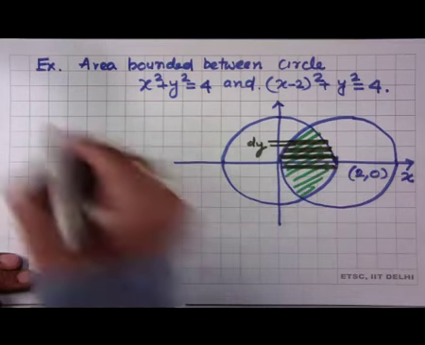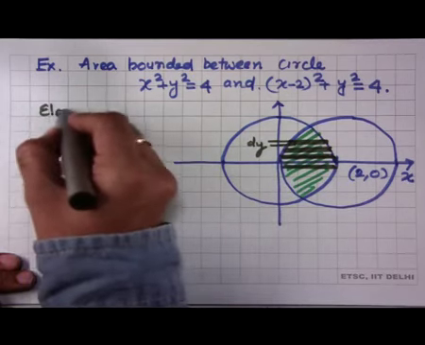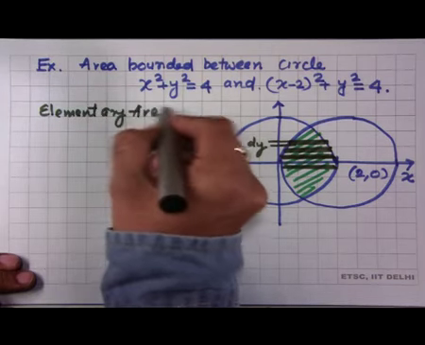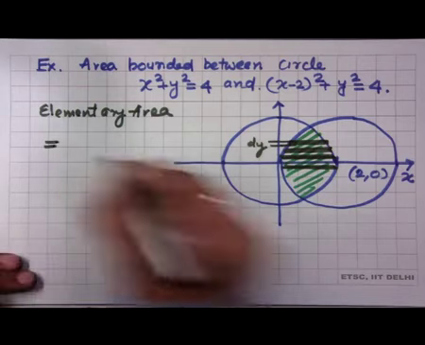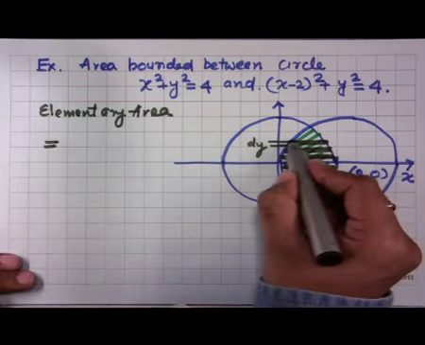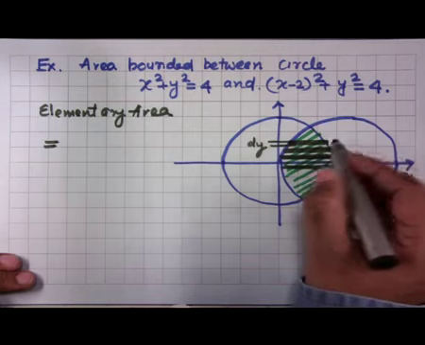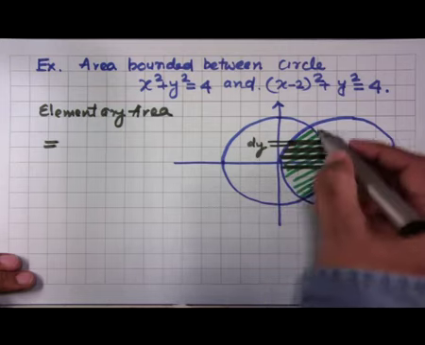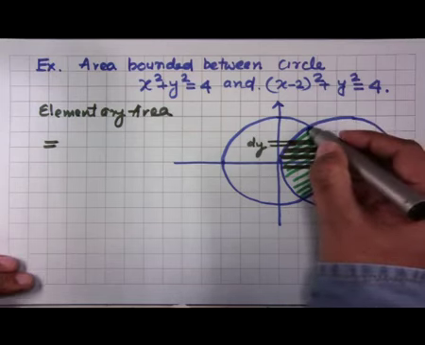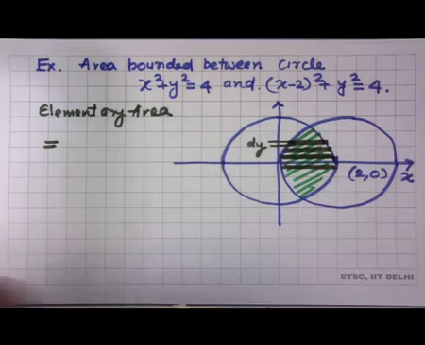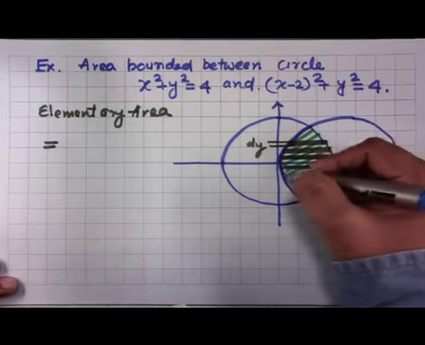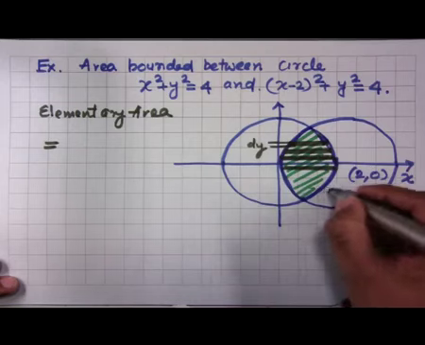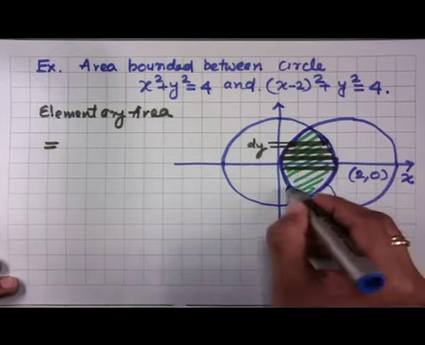So, the elementary area will be, x goes from here to here. So, we need to find out the equation of this portion of the circle and this portion of the circle.